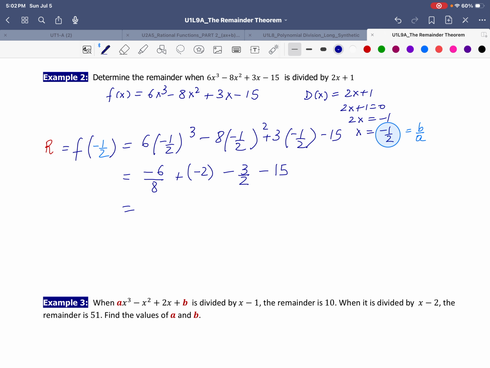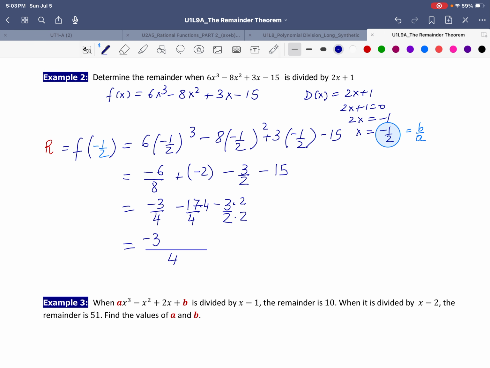So in a more simplified form here, we'll have negative 3 over 4, minus 2 and minus 15 will make a negative 17, minus 3 over 2, or should we say minus 6 over 4, and we can make this into denominator 4. So we'll have in this case a 4, and then negative 3.